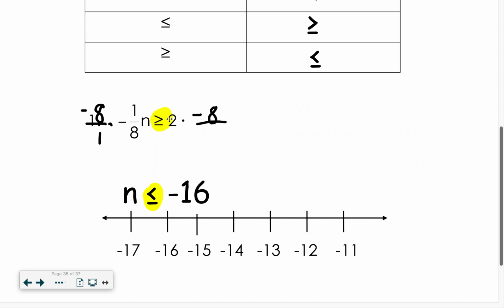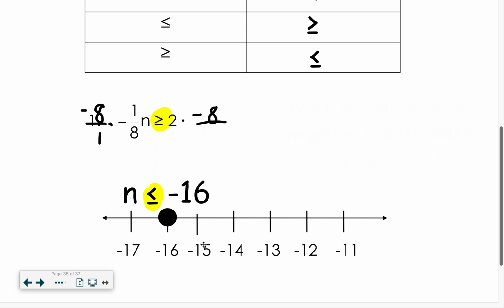And so now I go down to my answer for when I am deciding what to graph. I am only looking at my answer when I am trying to figure out what to graph. I see negative 16. I see it says an or equal to. That means a closed circle. I am then going to pick a number from either side, and I'm going to plug it into my answer, and I'm going to see which one makes sense.